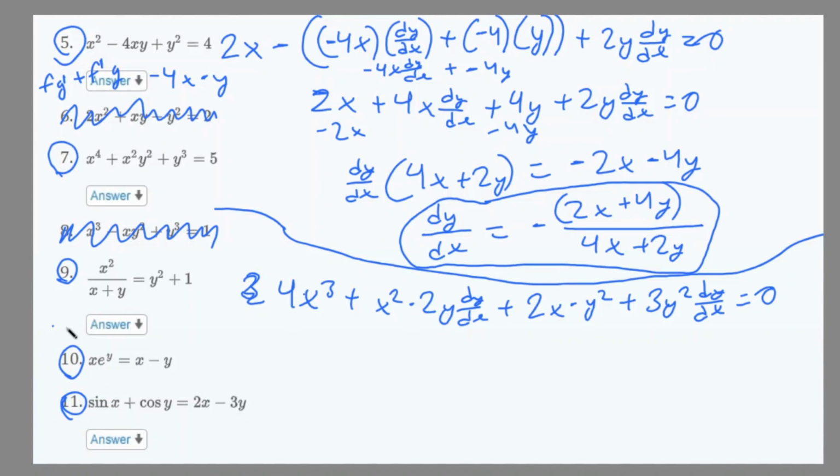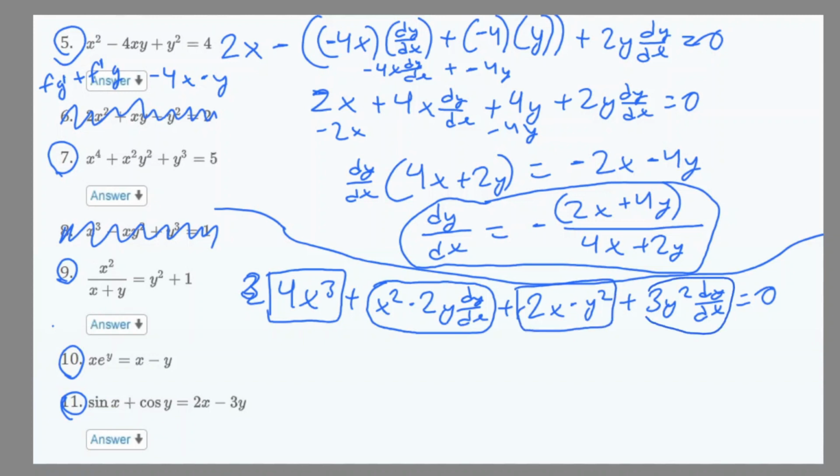So here we have 4x cubed, x squared 2y dy dx. We could also use this method in which we draw shapes around it so we know what goes where. So around the dy dx, I'll draw an oval, and the non-dy dx I'll draw a square. So this is a non-dy dx, so we have a square, and then we have an oval around this. So let's move the squares to the other side.